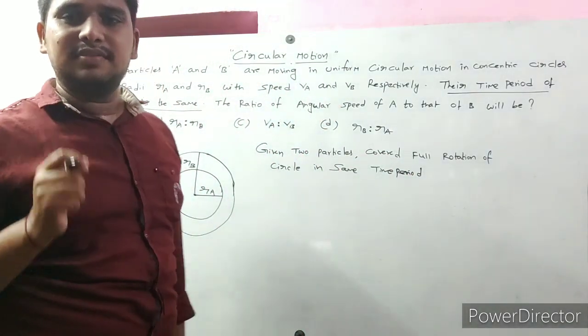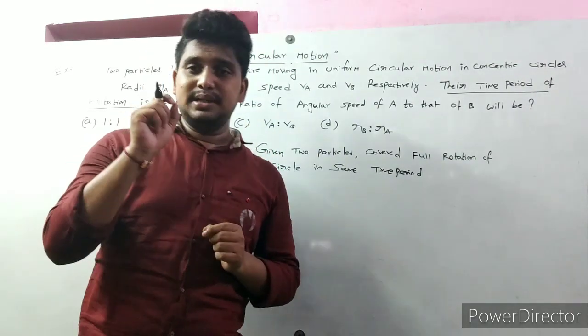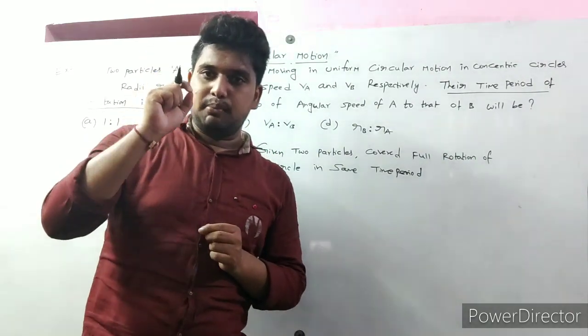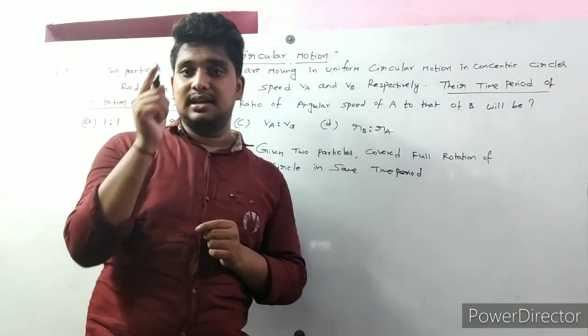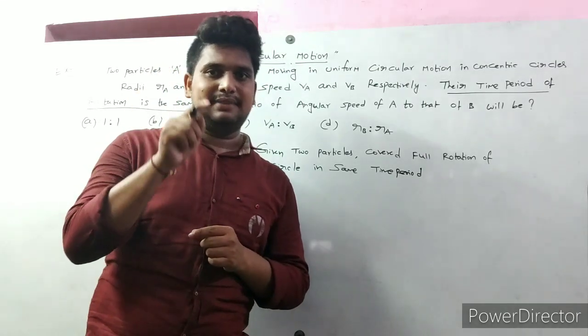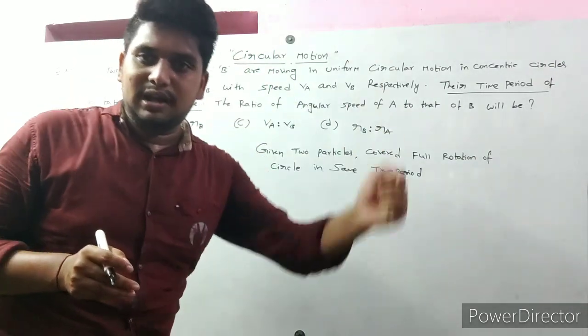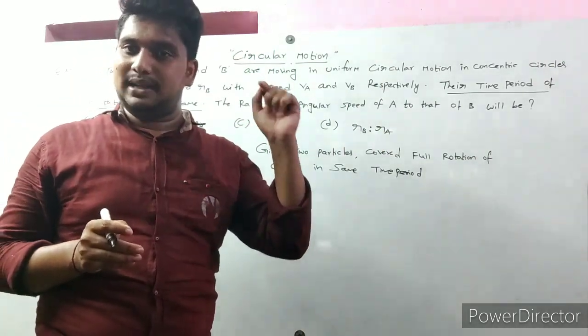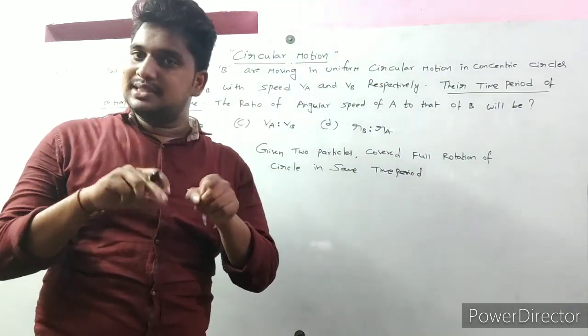Time period means what? Already you know about this. Time period means the time taken by a body to complete one revolution. Here the time taken for one revolution of particle A and the time taken for one revolution of particle B are both the same.